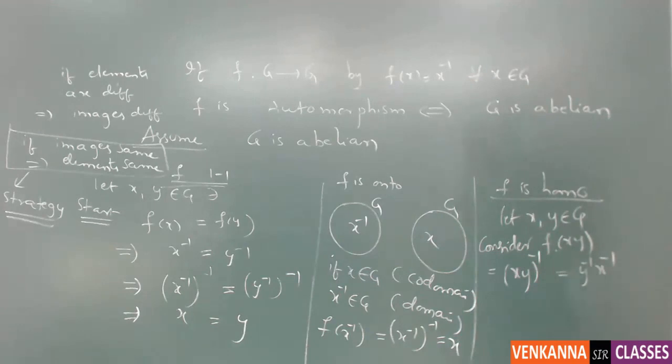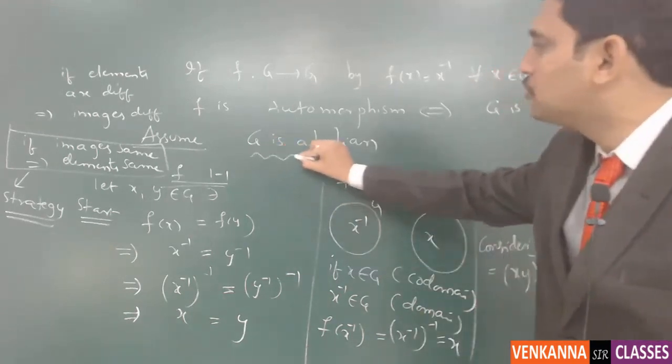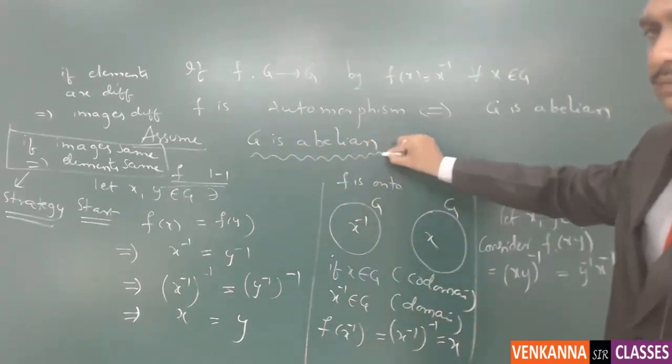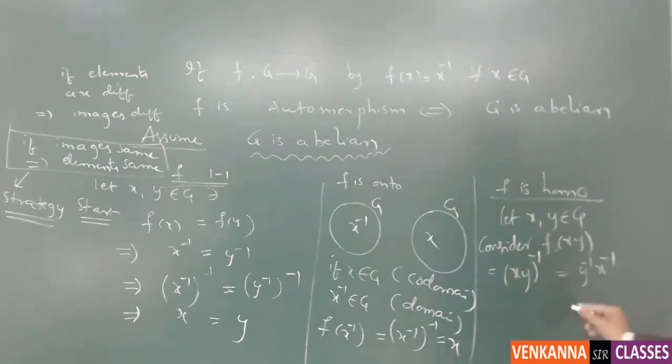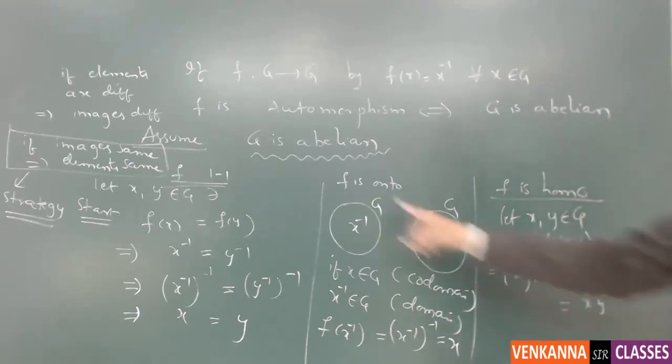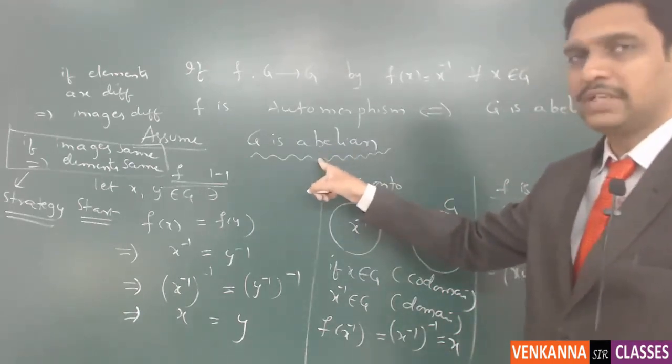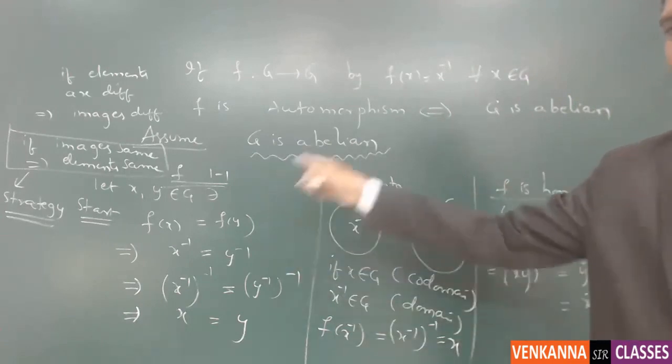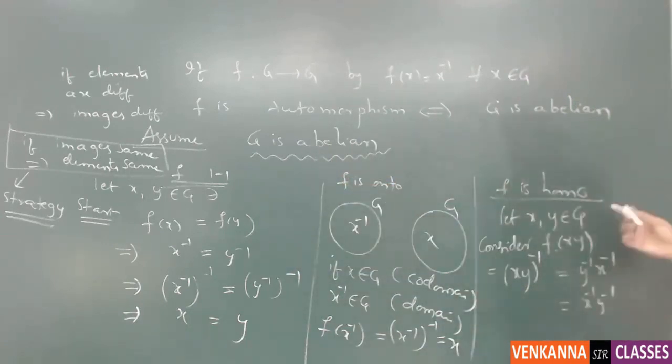Now the interesting thing is, since we have assumed that G is abelian, so this is equal to x inverse y inverse. So at this part, we are making use of the abelian property. Till now, we didn't use the abelian property. Please understand. So while proving homomorphism, we are making use of the abelian property. And this is nothing but f of x dot f of y. Therefore, f is homomorphism. That's all.